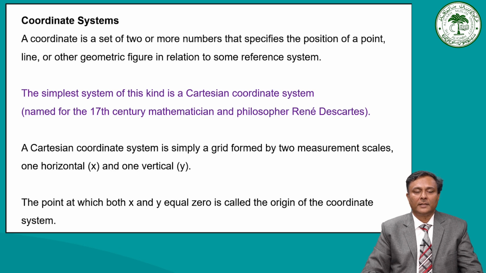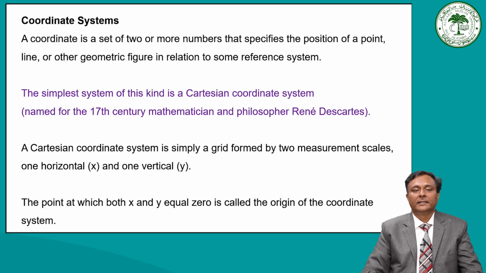A Cartesian coordinate system is simply a grid formed by two measurement scales, one horizontal, the x-axis, and another vertical, which is represented by the y-axis. The choice depends on the size of the area of interest or a standardized coordinate system. The point at which both x and y equal 0 is called the origin of the coordinate system.